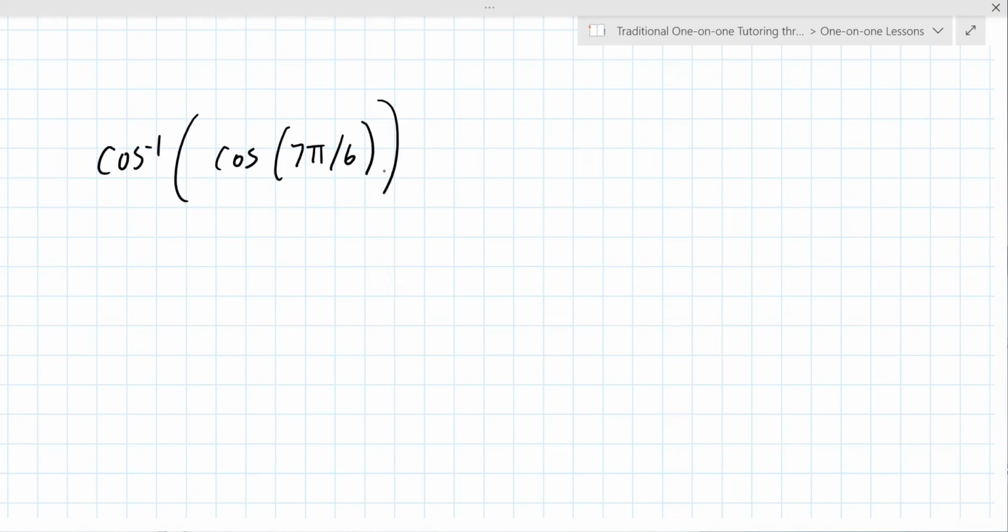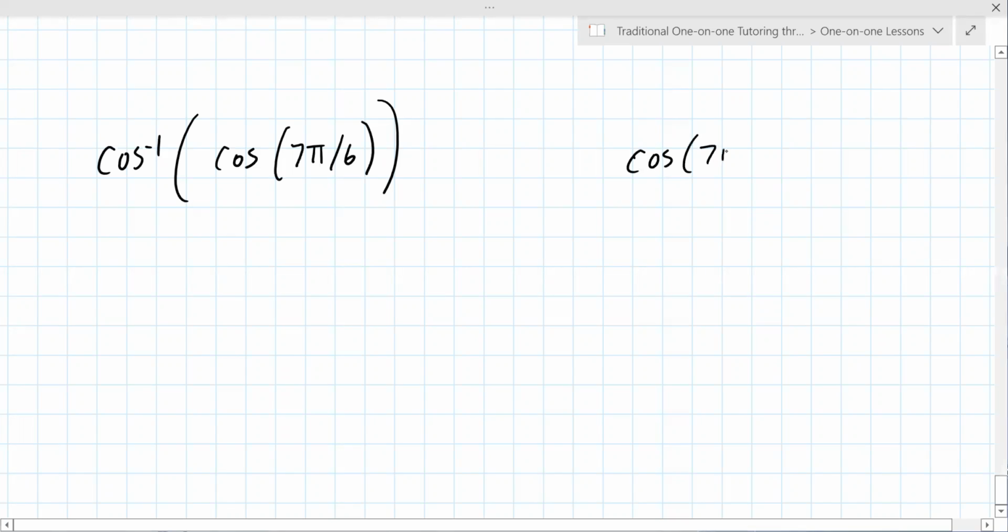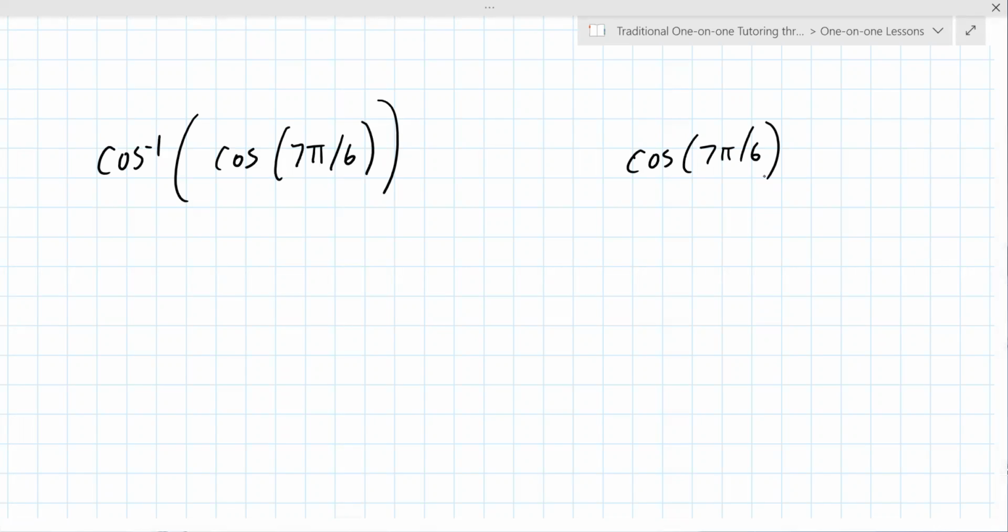What's the first thing to calculate here? Cosine of 7 pi over 6. Can you tell me what that is on the unit circle, please?